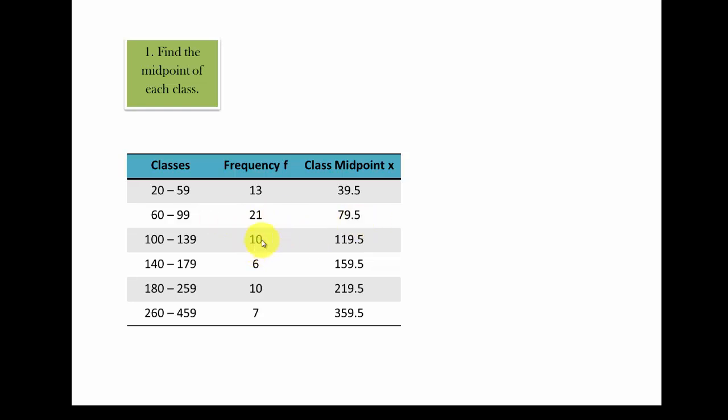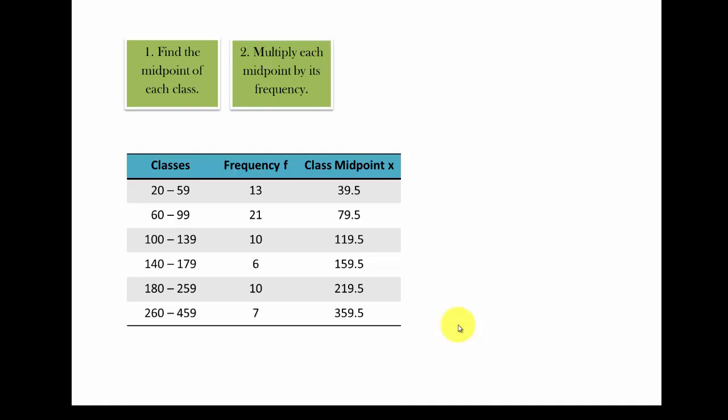We continue the process and we get 10 values of 119.5, 6 values of 159.5, 10 values of 219.5, and 7 values of 359.5. The results are listed in the third column of the table.